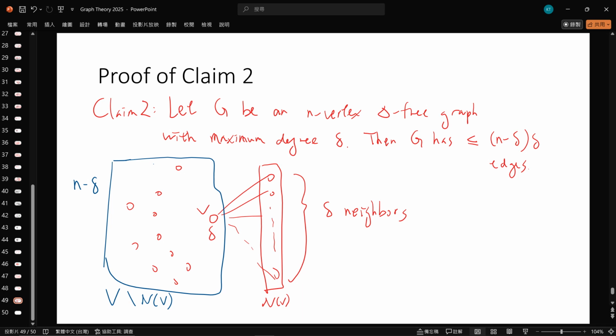So the size here is delta. So can you see where we have this product in this graph? Somehow we need to multiply these two terms.